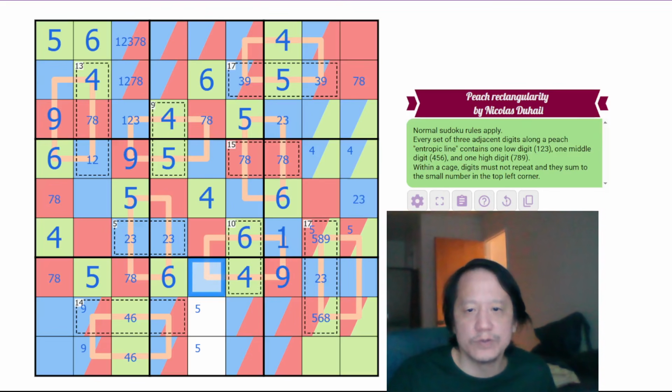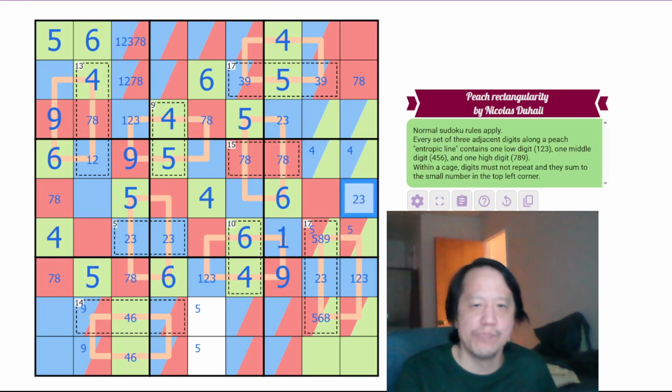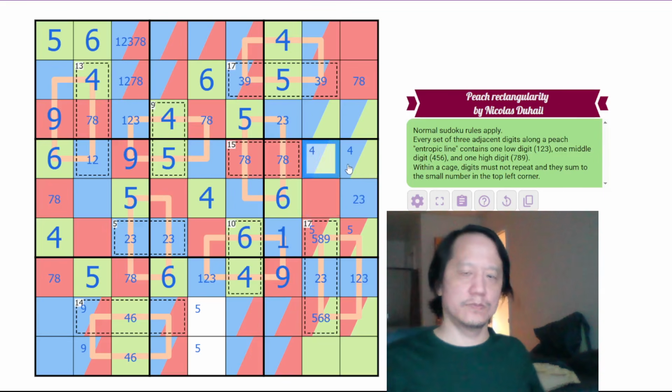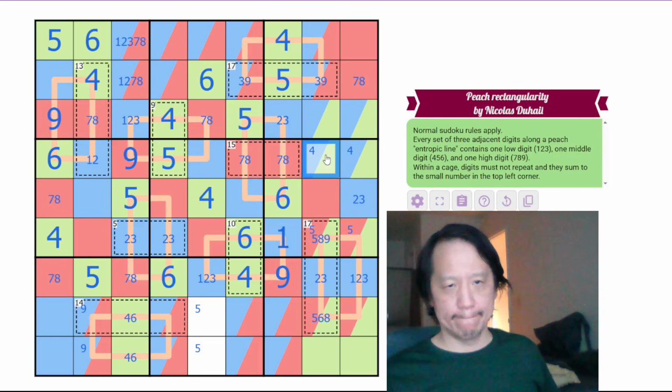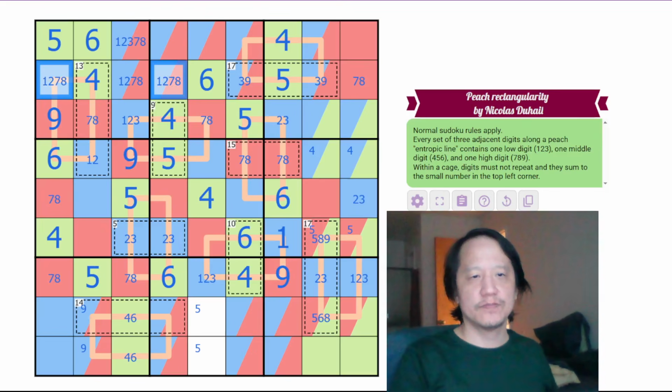These are 1, 2, or 3 remaining. That's not too helpful. Remaining digits of row 2. We have 1, 2, 7, and 8.